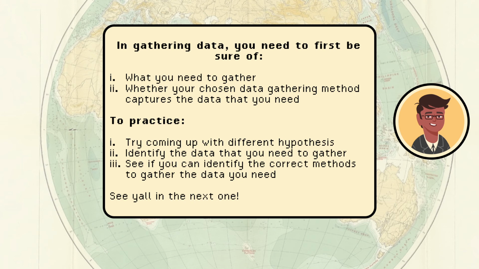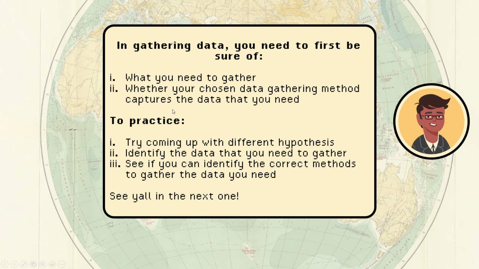If I want to find something about sediment transport, do I actually use wave frequency? We don't, right? Because wave frequency just tells us the type of waves. It doesn't tell us about direction of transport, or anything about sediment transport actually. So this point is very important: whether your chosen data gathering method captures the data that you need.